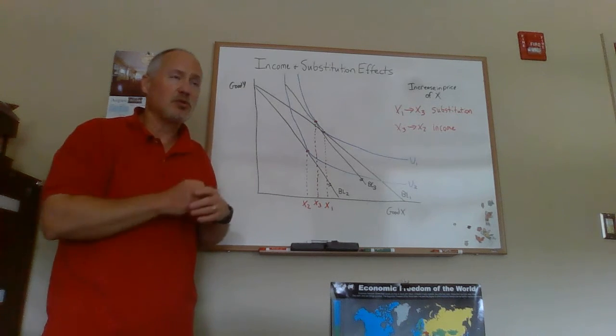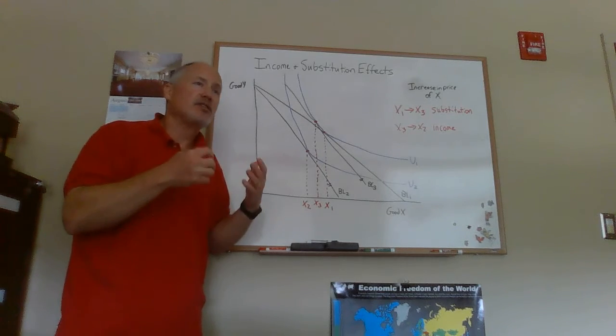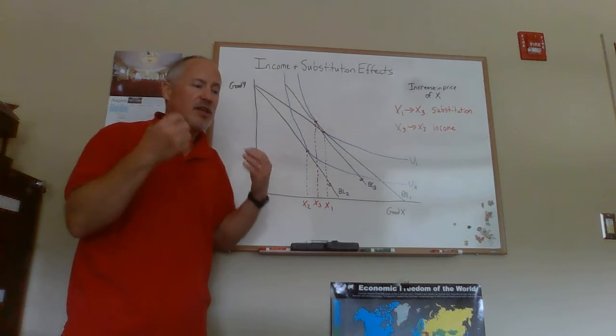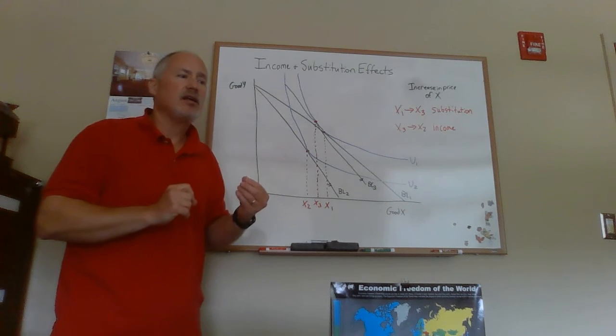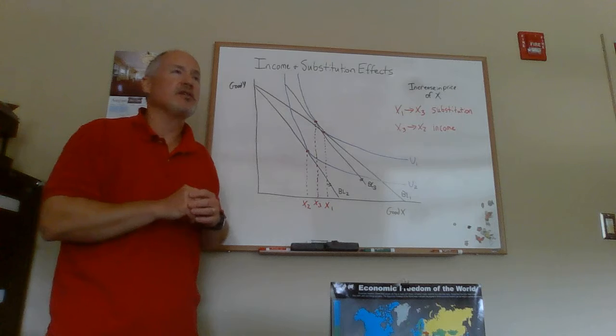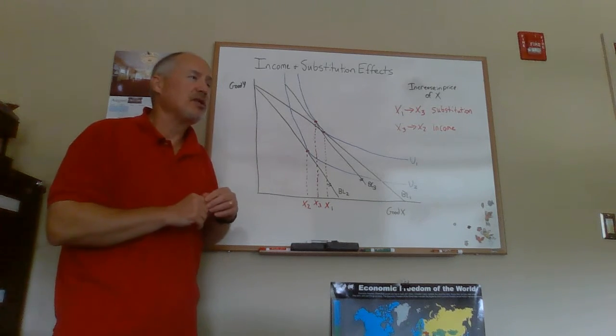Logically, there doesn't seem to be any violation here in thinking about a good being inferior and having such a big income effect that the income effect could offset the substitution effect by being larger than it. If that would happen, then we'd have something that would be really weird.